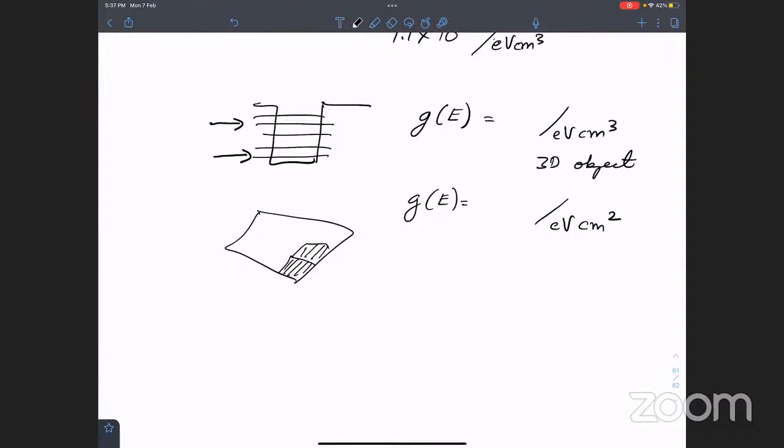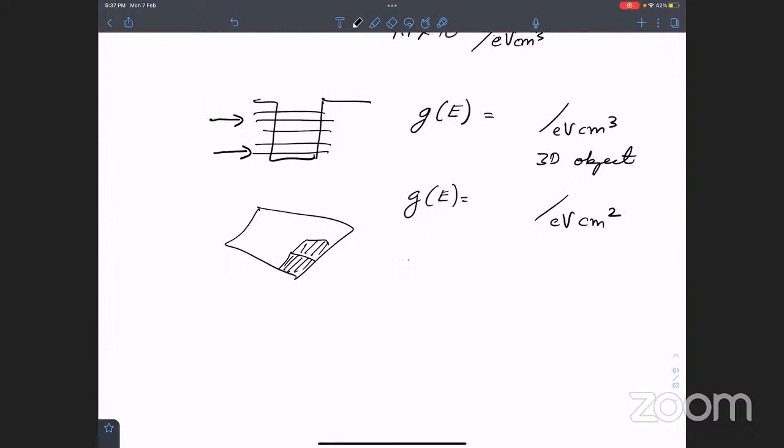Areal density, right? And if I was doing it for a single wire, I would express the density as per electron volt per centimeter. So per unit length, in one portion of this, how many allowed energy states are there? That is the question. That is what this number expresses.